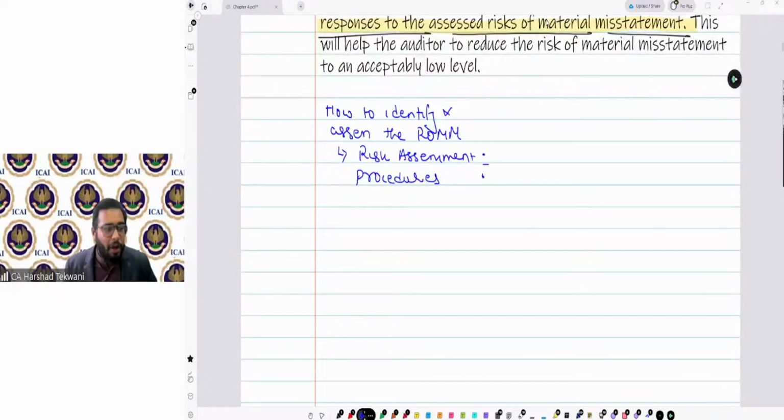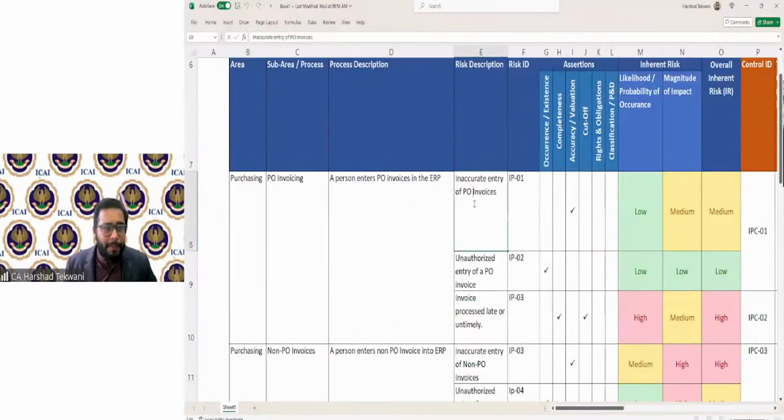But from where we got that starting point is something we need to understand. Let's say in this particular sheet, remember, this was the starting point, this description. From where did we get this particular risk, or from where did I get this process description? What is the basis for having that?